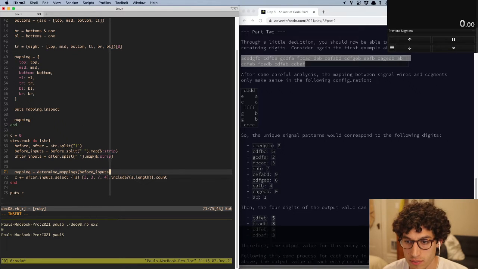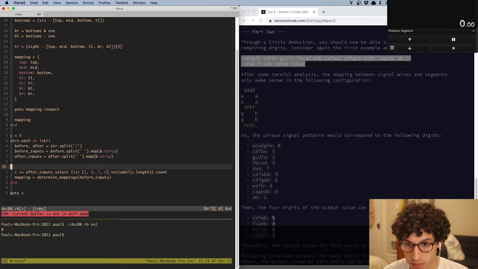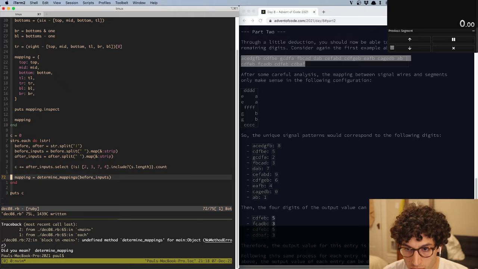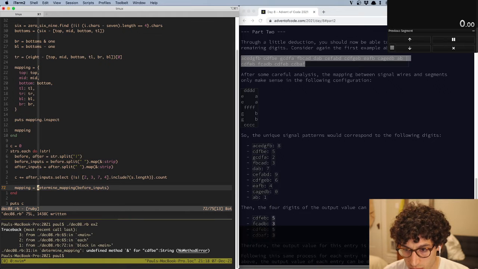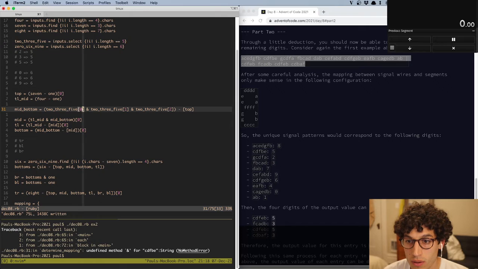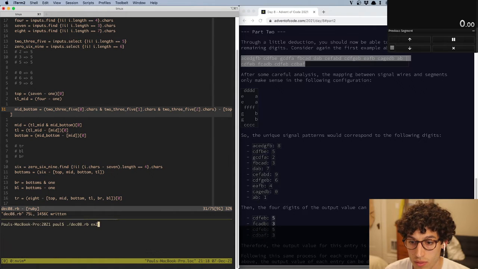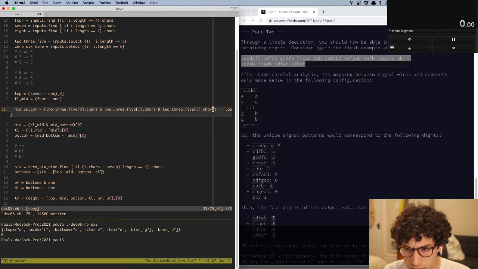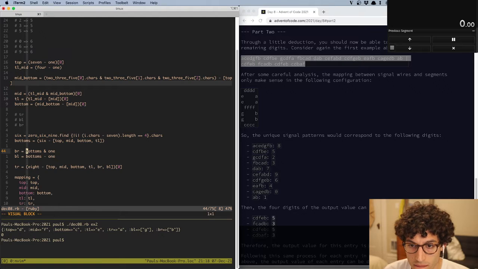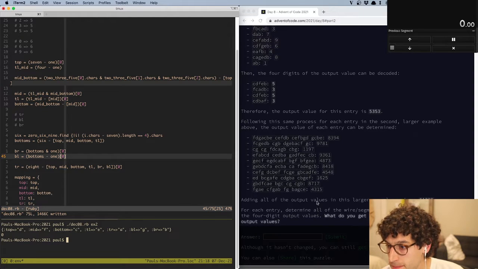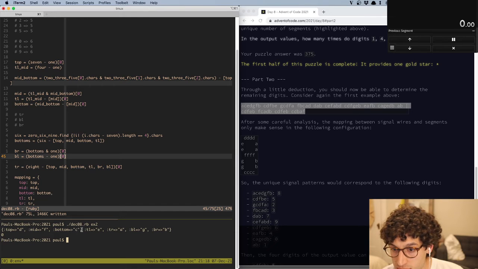Mappings of before inputs. Top is D, mid is F, bottom is C, top left E, top right A, G, B. Perfect, it worked.